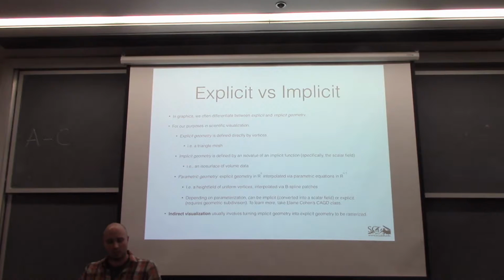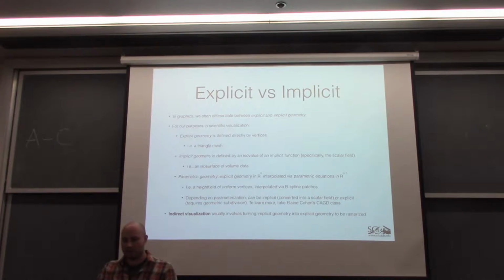And then you have something else. You have parametric geometry, which is explicit geometry in real domain space, interpolated via parametric equations in usually some lower dimensional space. So I think of NURB surfaces, Bezier splines, Bezier patches, and these are really the domain of computer modeling and coming up with surface forms on vehicles, on aircraft.